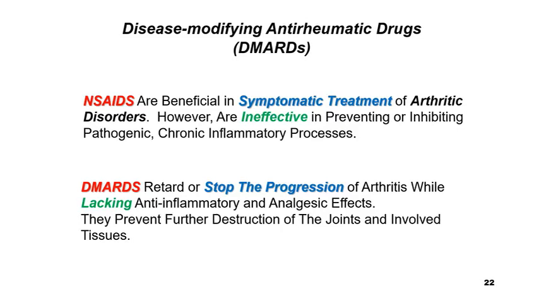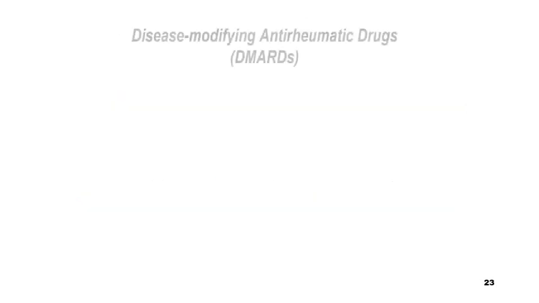The DMARDs are usually used to stop the progression of arthritis, and non-steroidal anti-inflammatory drugs might be concomitantly administered in order to alleviate pain, but they are ineffective in stopping or preventing the pathogenicity of arthritic disorders.